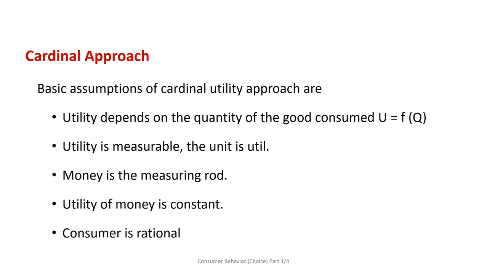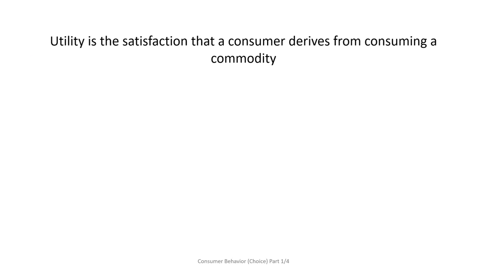Now, before we proceed, it is better to have a clear understanding of the basic terms of this approach. We already defined utility as the satisfaction that a consumer derives from consuming a commodity.